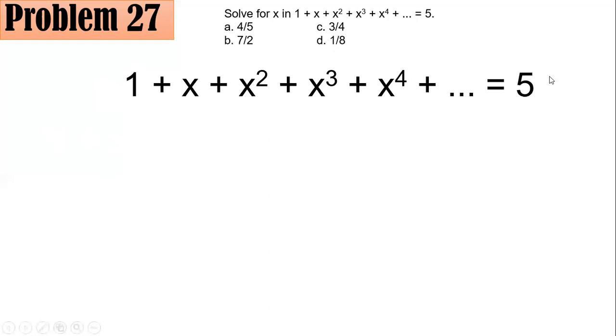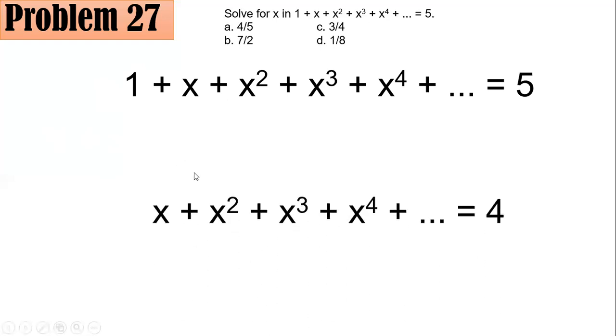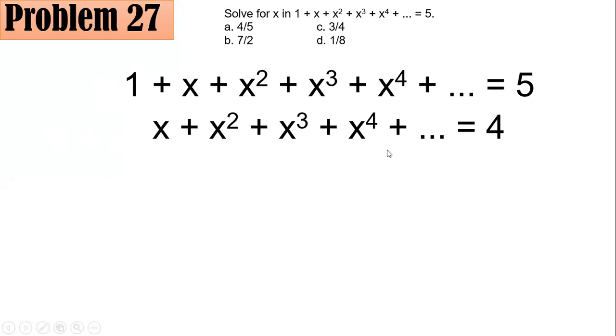So the left-hand side will become x plus x squared plus x cubed plus x to the 4th and so on equals 4. Okay, guys, next. You could see you have here x, x squared, x cubed, x to the 4th, and so on. What is the greatest common factor of these? What's the GCF?